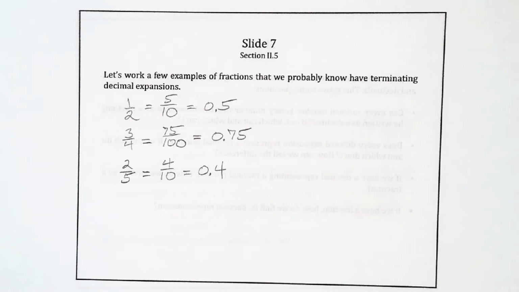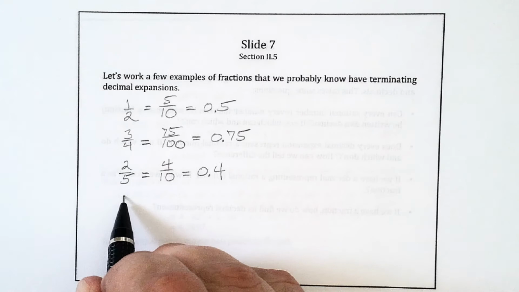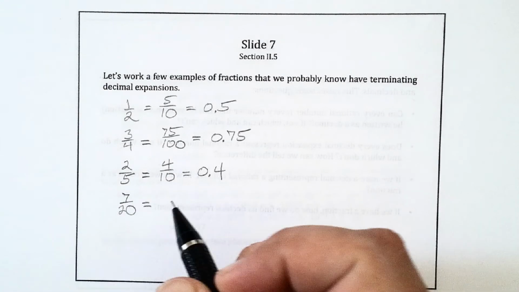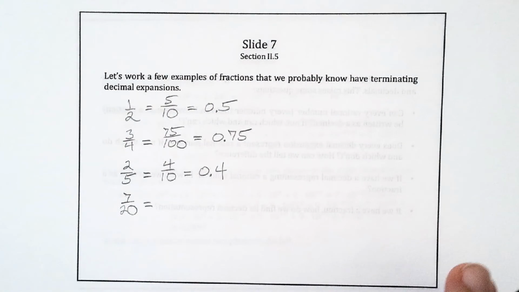Let's try another one. Let's try 7/20. So again, what I want to think about is, what power of 10 does 20 go into? It doesn't go into 10, obviously, but it does go into 100.